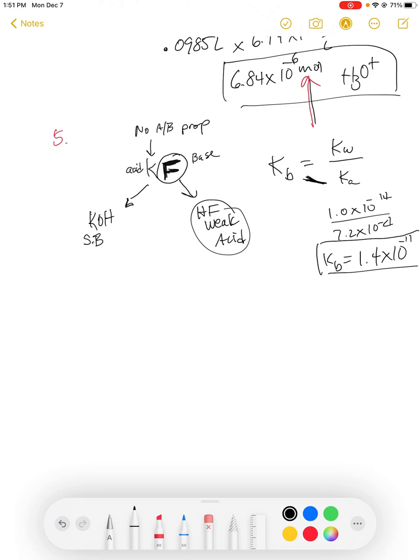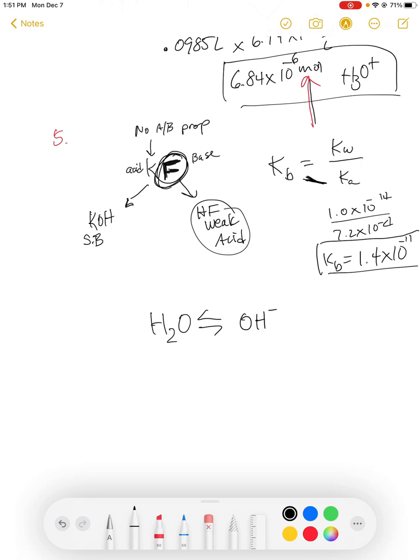And to get the pH, we need to know the hydrogen ion concentration. Well, let's start with this, all right? We know it's a basic solution. Now, going back to the video I sent you, if it's basic, we must start with this expression for our balanced equation.